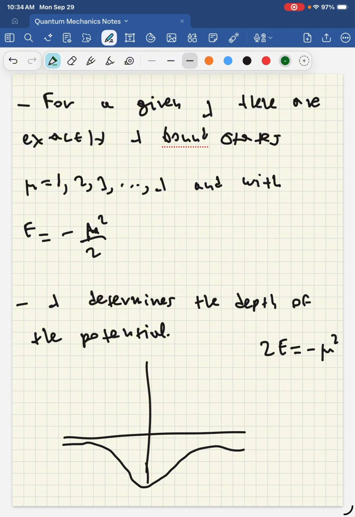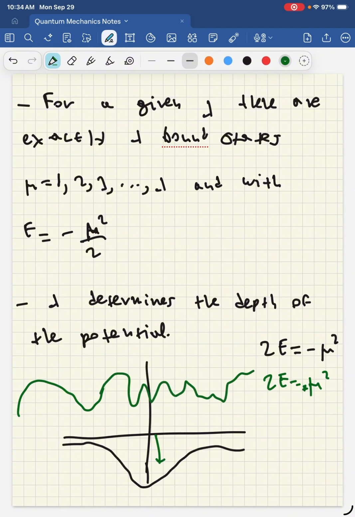So states that belong to the negative of the potential axis, the y-axis. If we set 2e equal to mu squared, so plus mu squared, we will find the scattering solutions. So solutions that correspond to a wave coming in, and then it interacts with the potential and does things to it, and then it exits, something like that. Okay, so we focused on the bound state solutions. Okay, I'm gonna erase this.